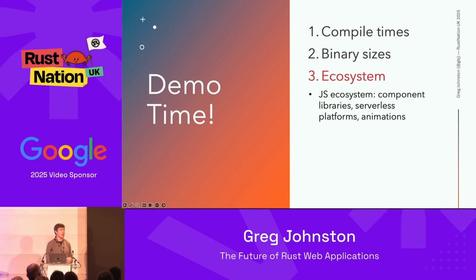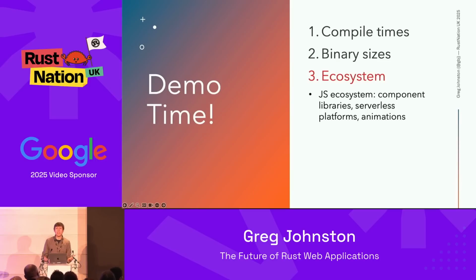People say all the time, I would love to use X, but the ecosystem, right? When people talk about the JavaScript ecosystem that's so nice for building web applications, they're often talking about component libraries, serverless deployment platforms, animation libraries, all the sorts of amazing things that you can install off of NPM and use to build an application.